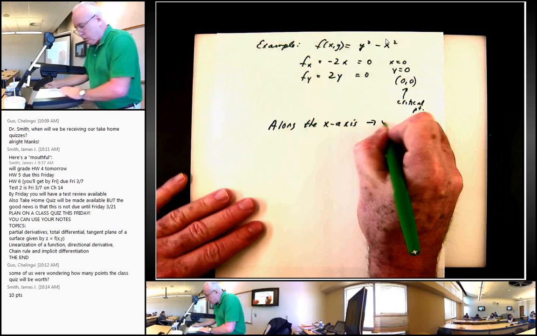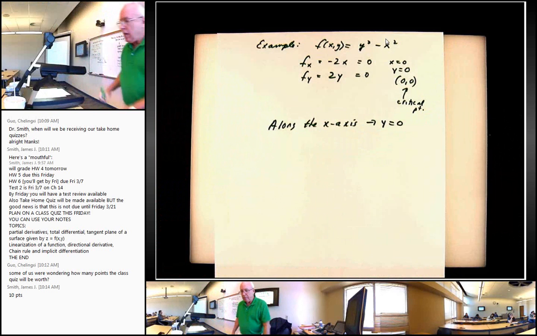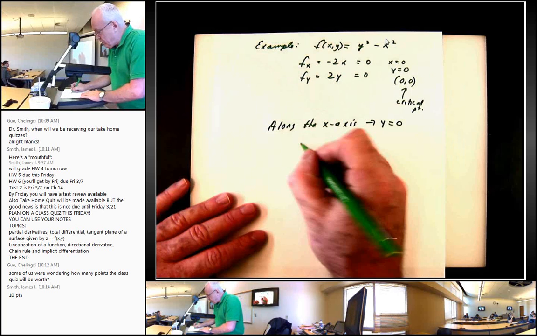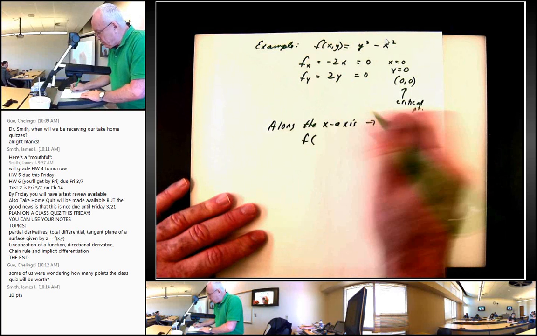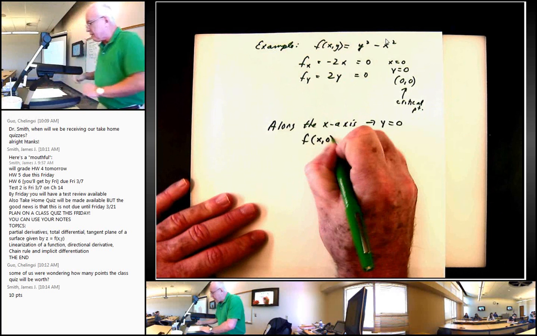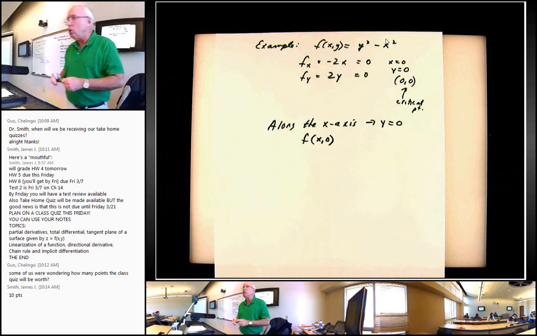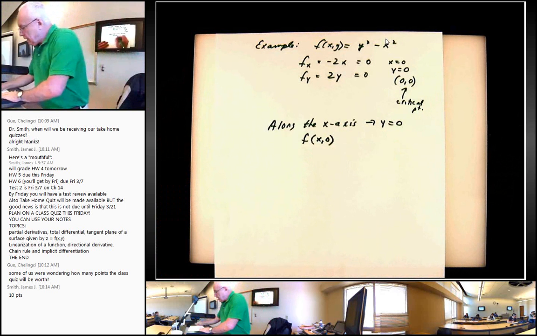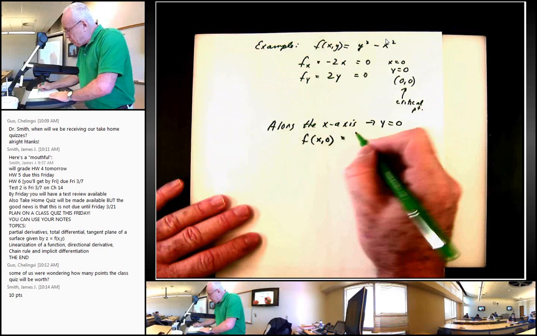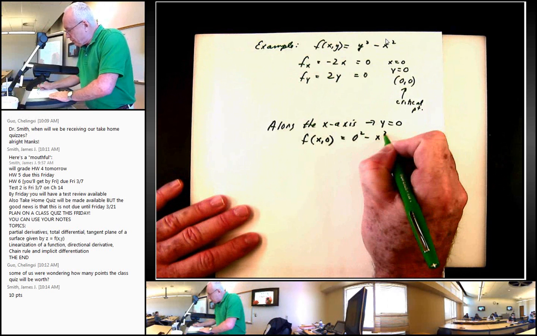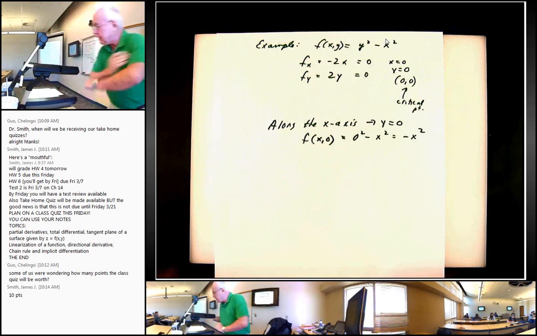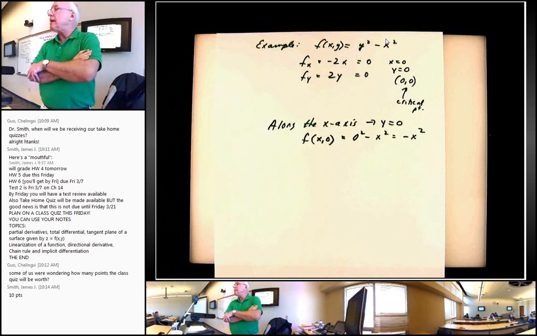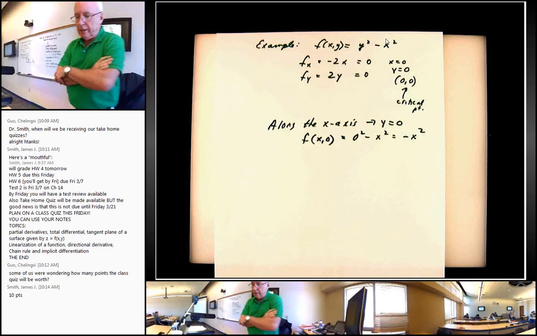So y is equal to 0. I can look at it like this: f(x,0), just along this particular curve, and so that's going to be 0 squared minus x squared.